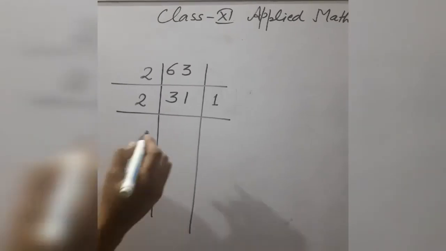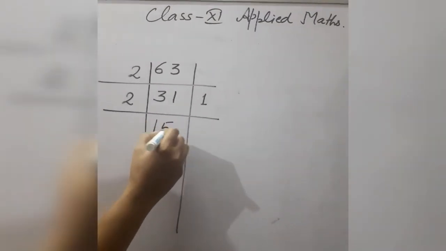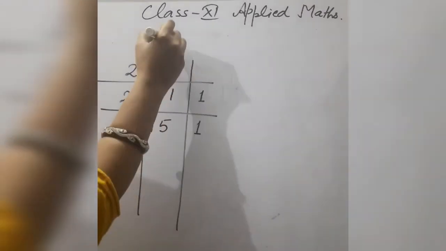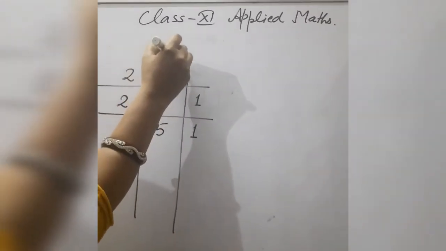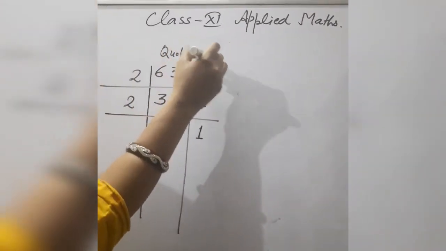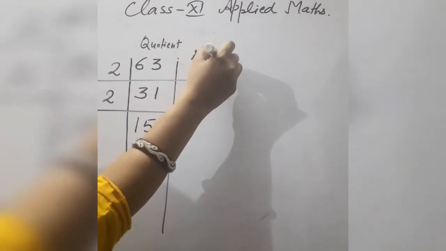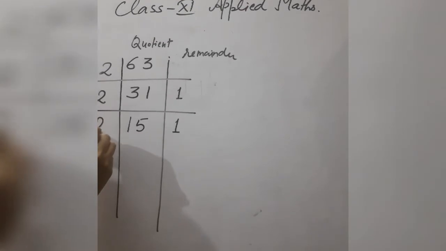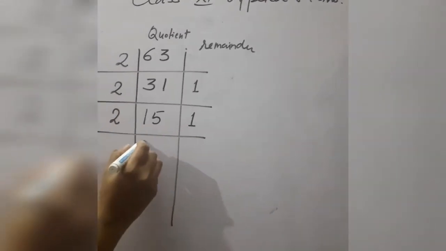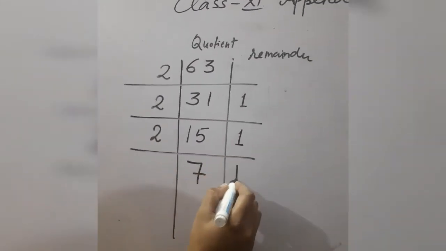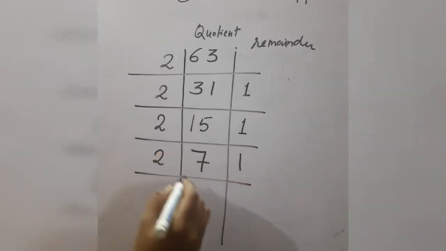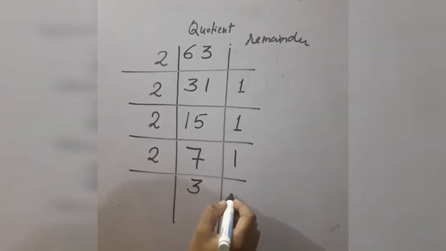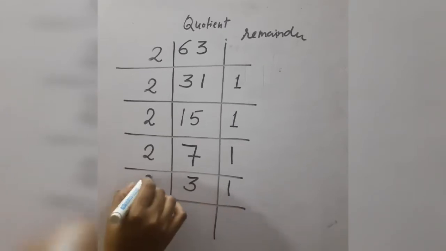Now when 31 is divided by 2, the quotient will be 15, and write down the remainder here. In this column you will write down the quotient, and in this column you will write down the value of the remainder. Now again when 15 is divided by 2, the quotient will be 7 and remainder is 1. Again same process, quotient is 3, remainder is 1.